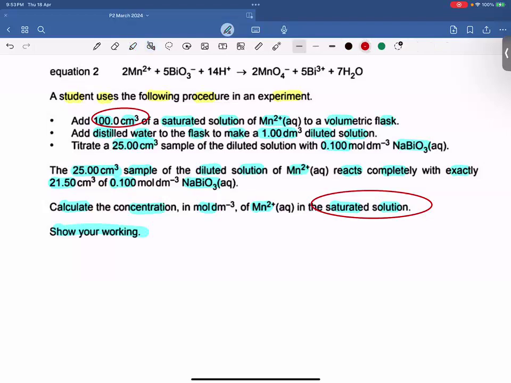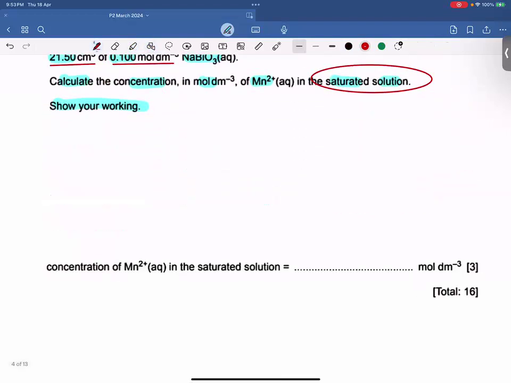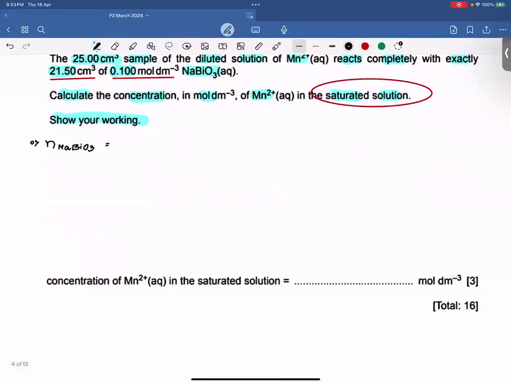Since we know the concentration and volume of the oxidizing agent, first we need to find the moles of NaBiO3. We have 21.50 cm³, with 0.100 mol per dm³, divided by 1000.